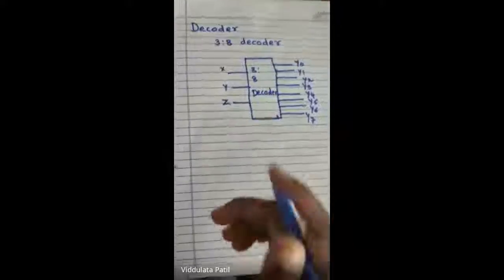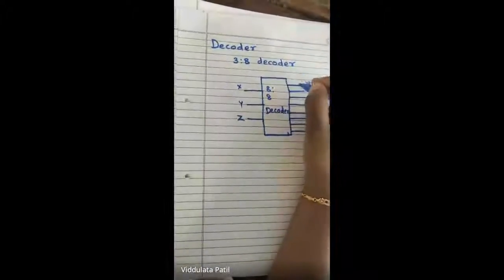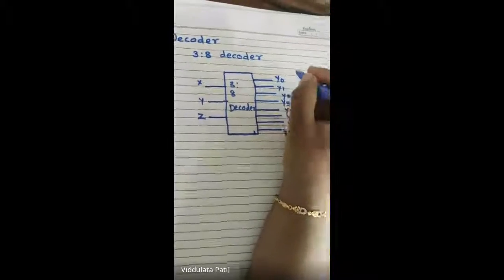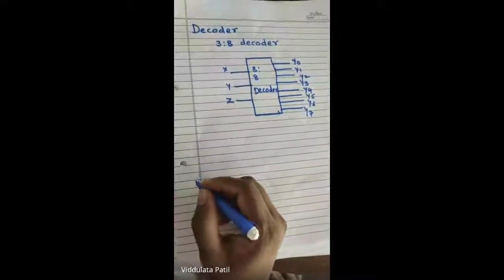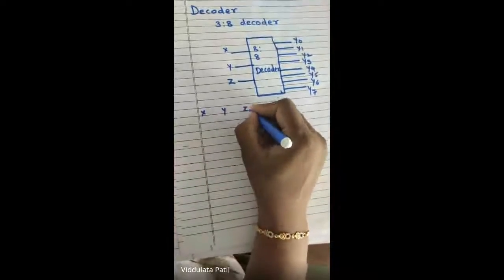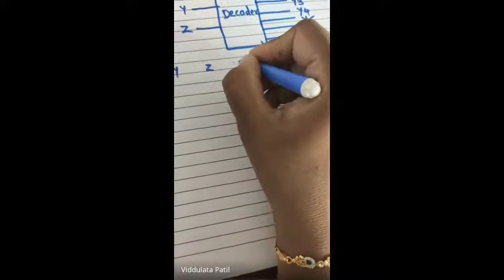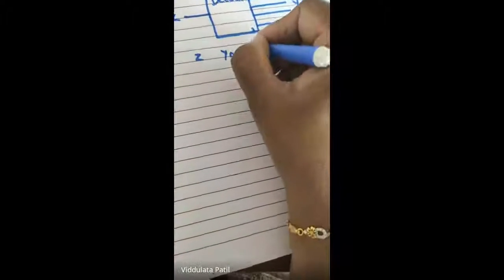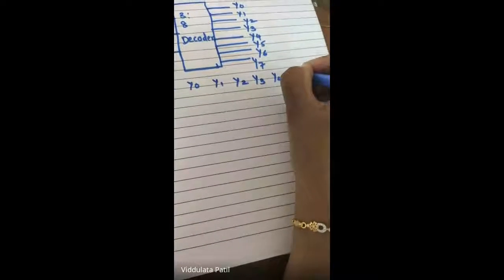Depending on what input is present here, only one line will be active in the output of the decoder. So that means if we have the truth table of this circuit, we have the inputs X, Y and Z and the outputs Y0, Y1, Y2, Y3, Y4, Y5, Y6 and Y7.